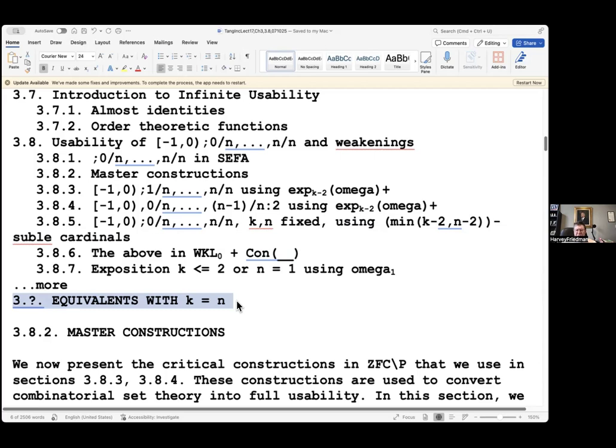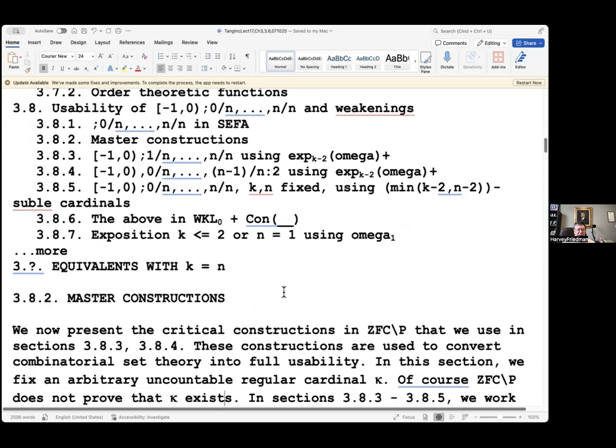So in other words, the reversal shows that every serious thing in here that we're talking about, with K arbitrary, is equivalent to Con SRP. Okay. All right. So that's the schedule, so to speak.